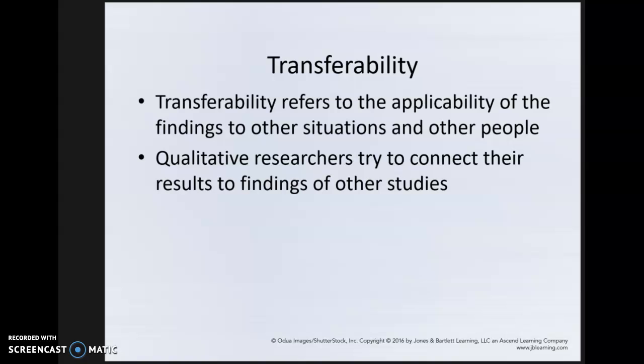Also with a qualitative study, it's really important that the researchers connect their findings to other research that has been completed, because that will build strength in the body of evidence as far as finding other factors that correlate with their findings, so that elevates the strength as well.